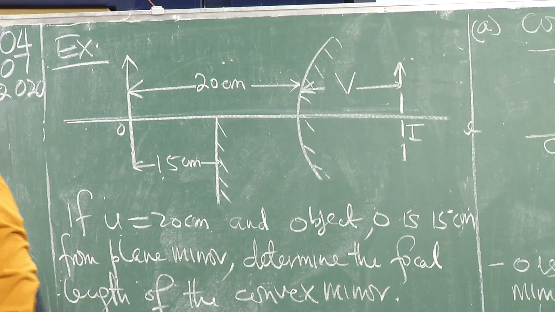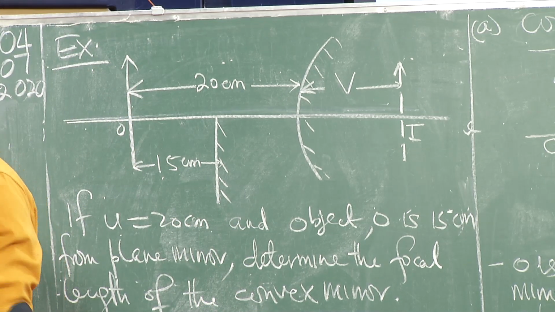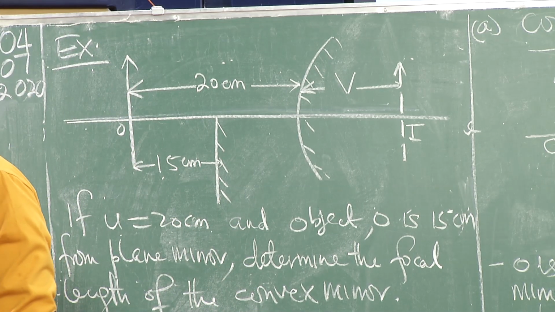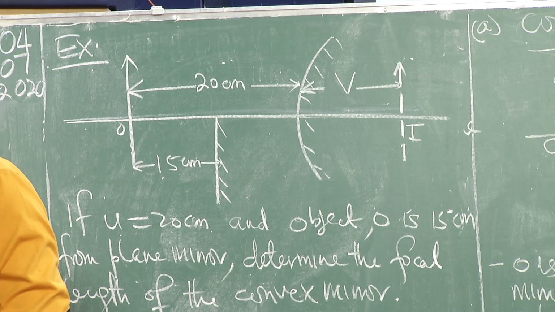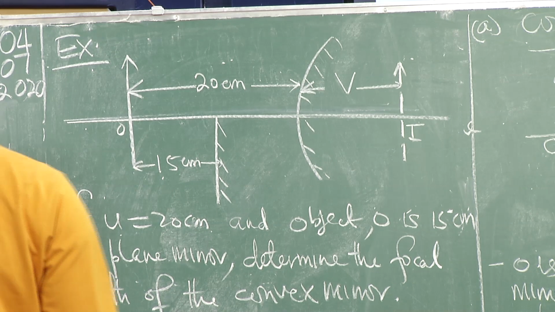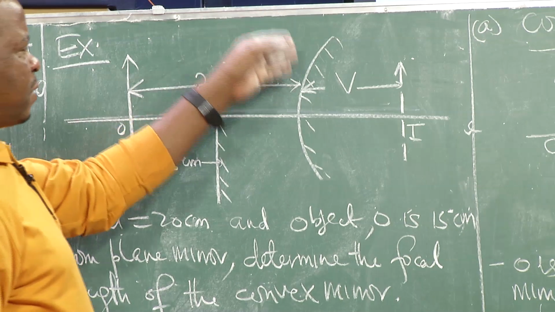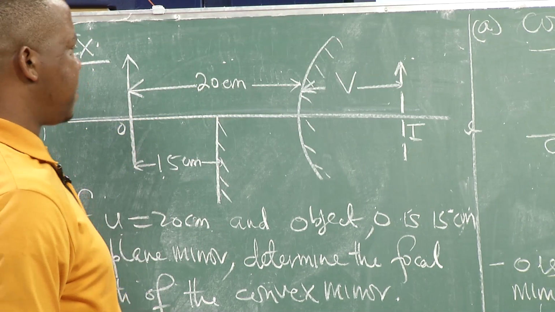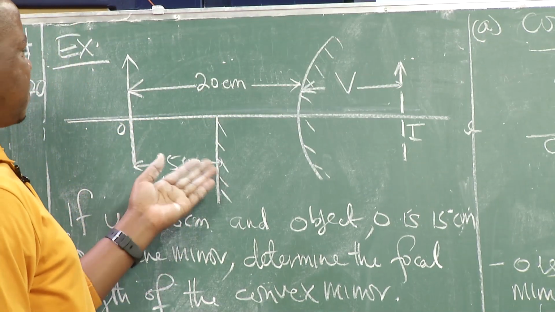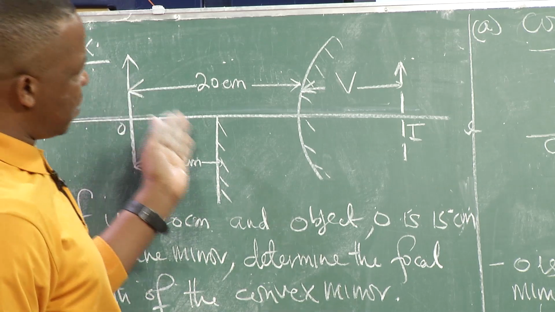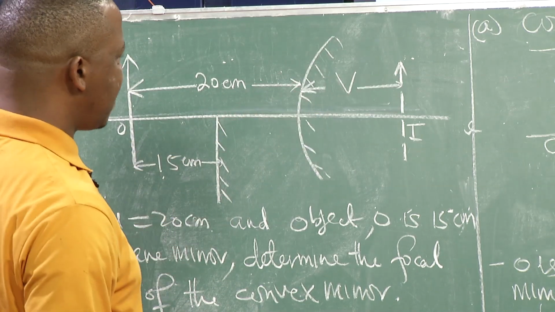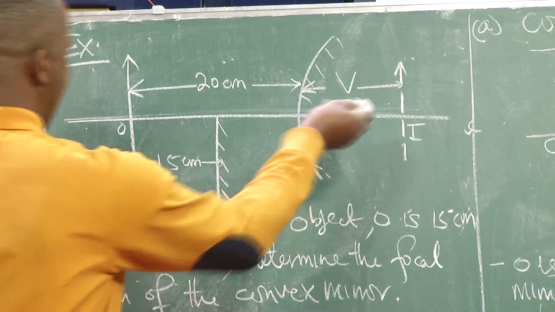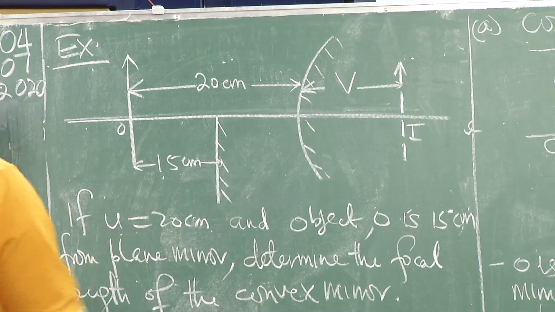I have summarized that question so that it can suit the available time. Otherwise, the description would be an object O placed 20 centimeters in front of this forms an image. When a plane mirror is brought 15 centimeters from there, it forms an image which coincides with the image through the convex mirror at I, determined given these values.